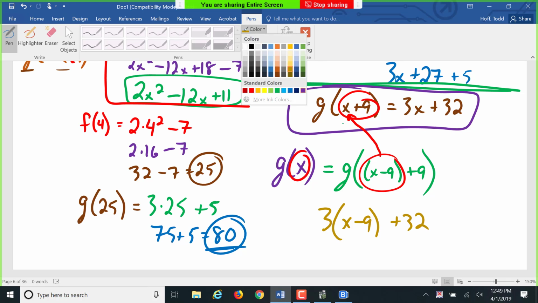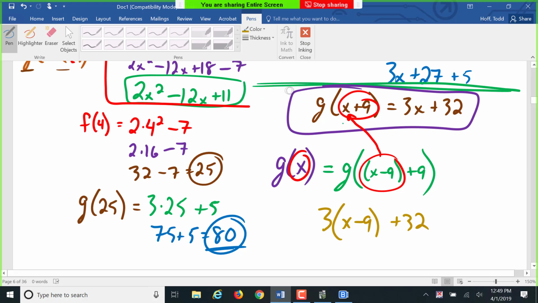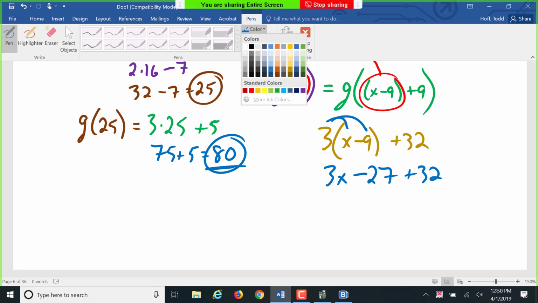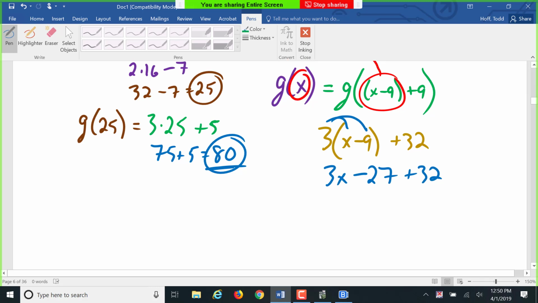We'll go ahead and multiply that out. 3 times x is 3x. 3 times negative 9 is negative 27 plus 32. And we combine. G of x is equal to 3x. Negative 27 and 32 is plus 5.